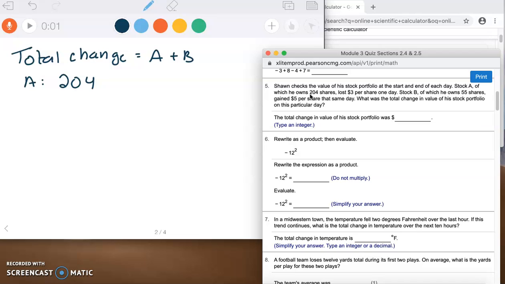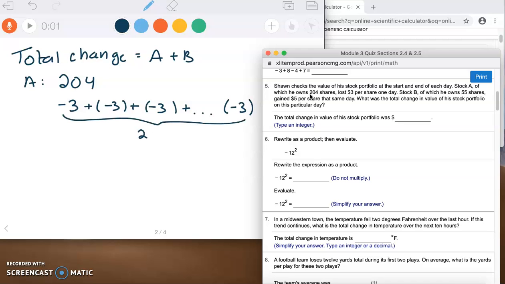So basically what we're saying is that we have -3 plus -3 plus -3, all the way down here, plus -3, 204 times.